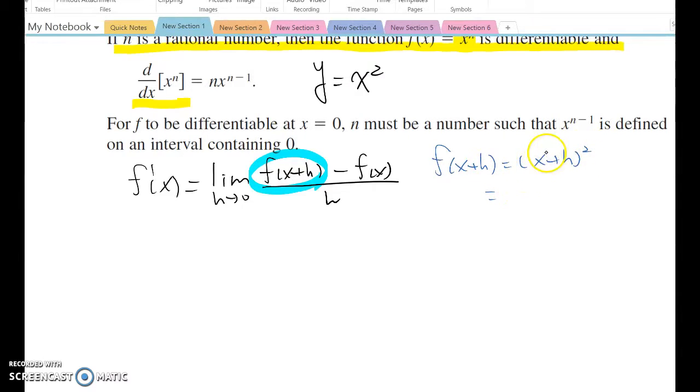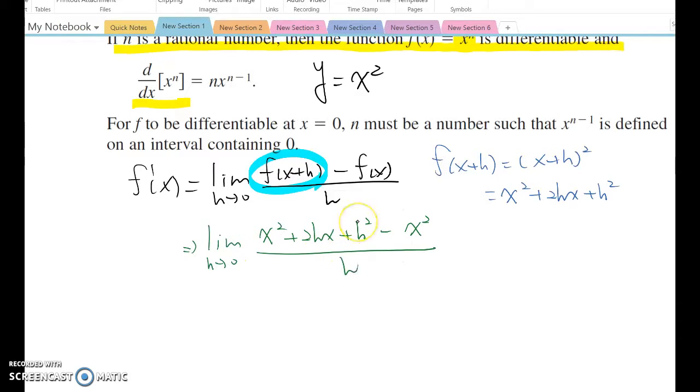So it becomes x squared plus 2hx plus h squared after you use the FOIL method. Plug that into this formula: limit as h moves to 0 of x squared plus 2hx plus h squared minus x squared, over h.